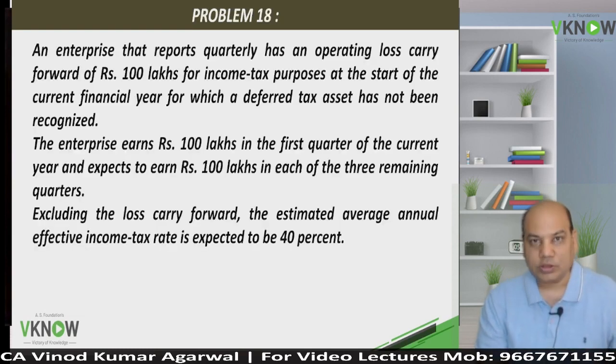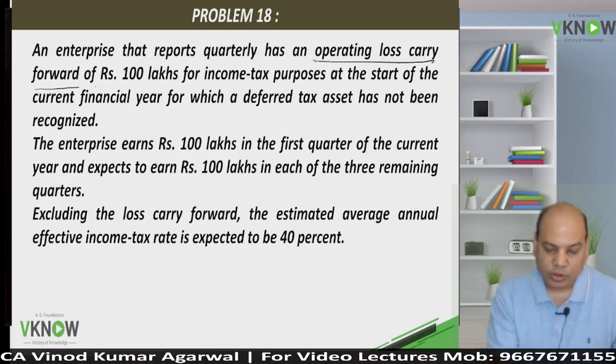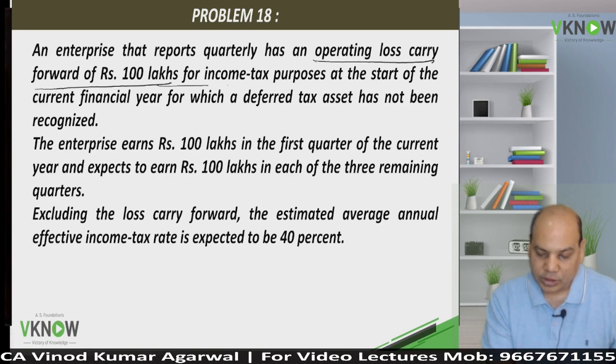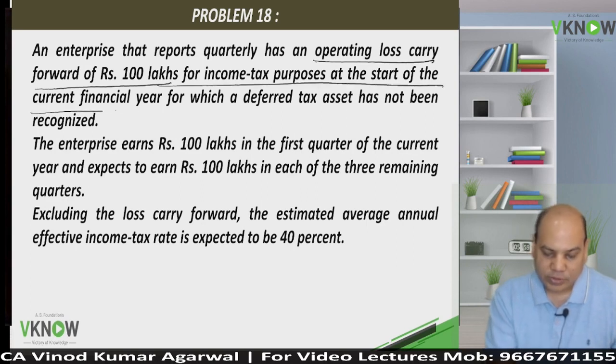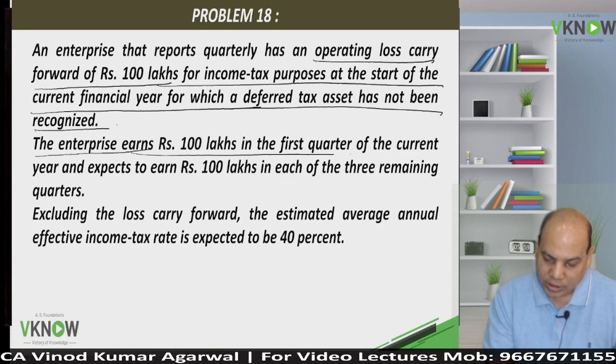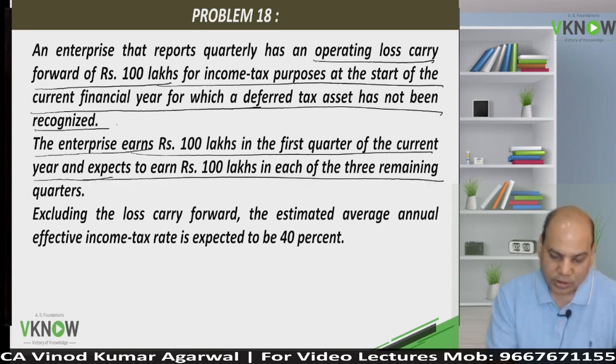Now we'll go to question number 18. An enterprise reports quarterly, has an operating loss carry forward of 100 lakh for income tax purpose at the start of the current financial year, for which a deferred tax has not been recognized. The enterprise earns rupees 100 lakh in the first quarter of the current year and expects to earn 100 lakh in each of the remaining 3 quarters.